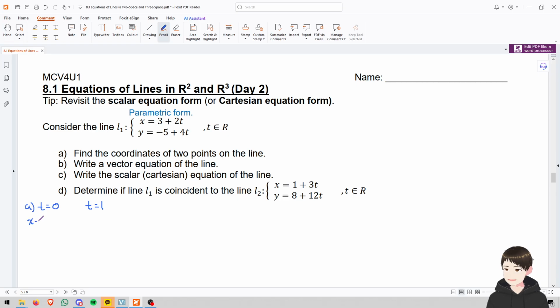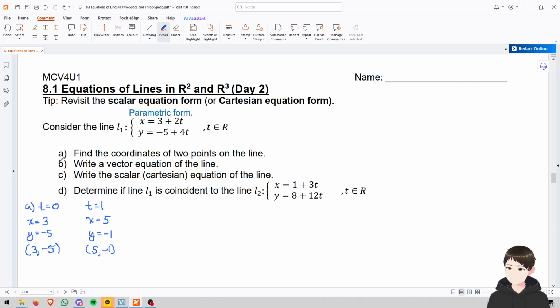So if t equals 0, x is 3 plus 0, and y is negative 5 plus 0. So on the line, (3, -5) exists. And the same thing here, if t equals 1, we've got a 5 and a negative 1. (5, -1) exists on the line.